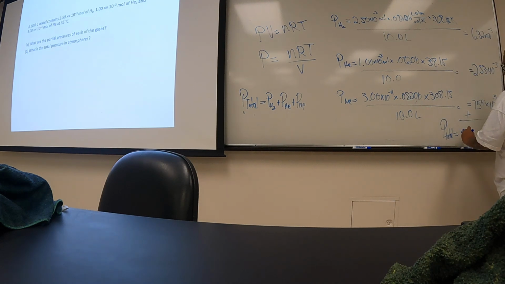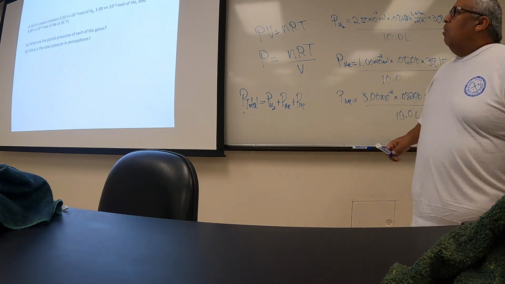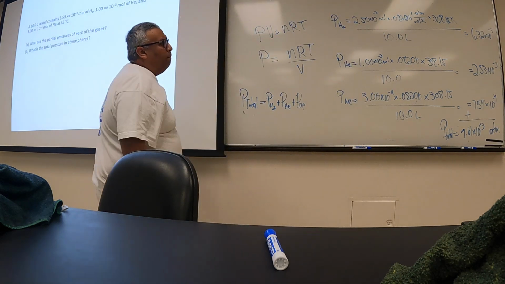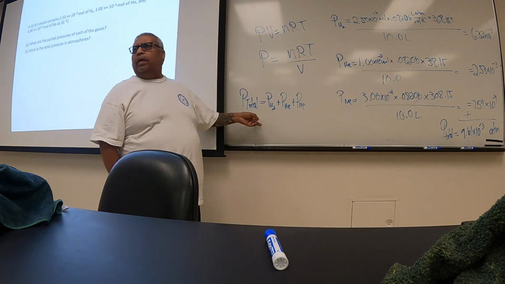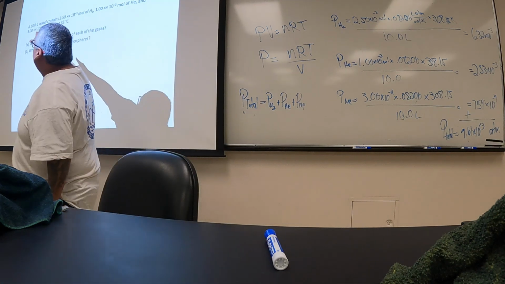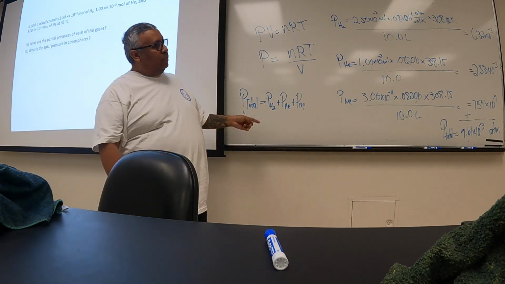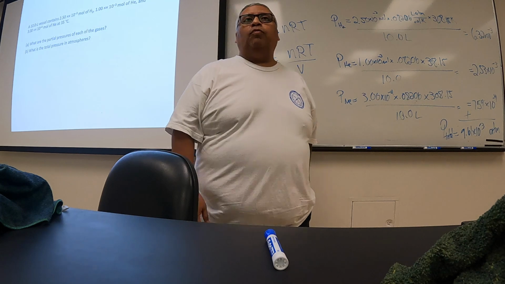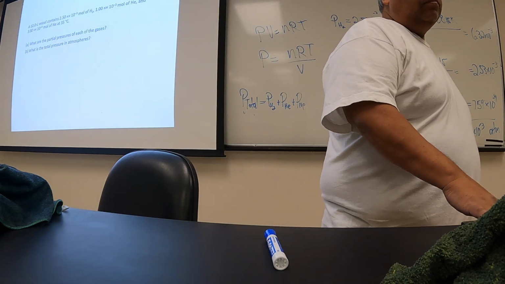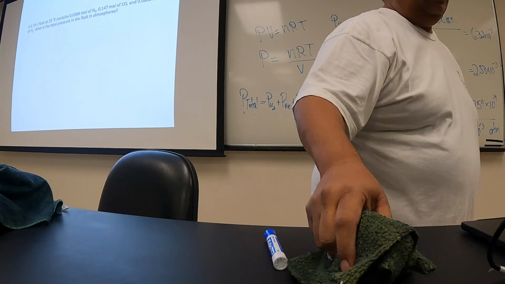Times 10 to the minus 3. All right. So if we mix all these gases together, put them in some 10-liter container, this would be our pressure in that particular container.